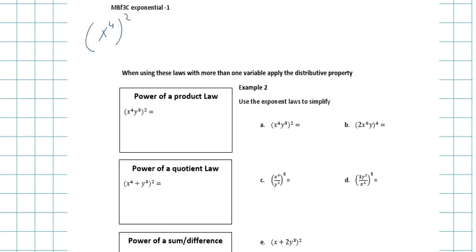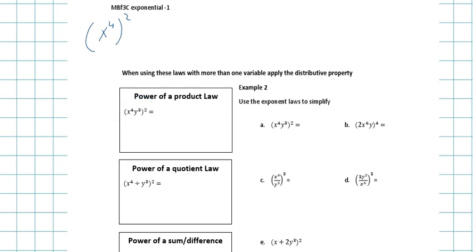What did we do with that? Multiplied 4 times 2 gives me 8. So x to the power of 8. Now, what happens if I have more than one term in that bracket, like in this case? So I have x to the power of 4 multiplied by y to the power of 3. We call that power of a product law.